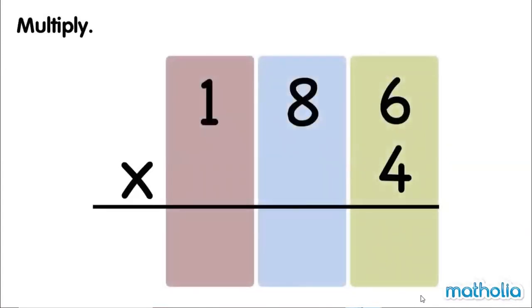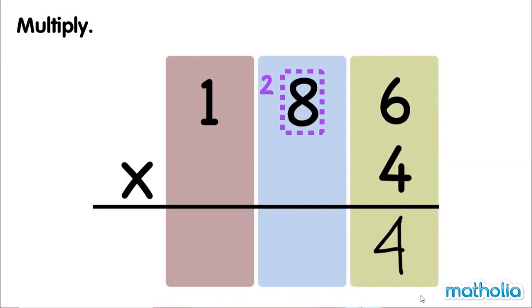Let's find 186 times 4. Multiply the ones by 4. 6 ones times 4 equals 24 ones. Regroup 24 ones into 4 ones and 2 tens. Multiply the tens by 4 and add the regrouped tens. 8 tens times 4 equals 32 tens. 32 tens plus 2 tens equals 34 tens.